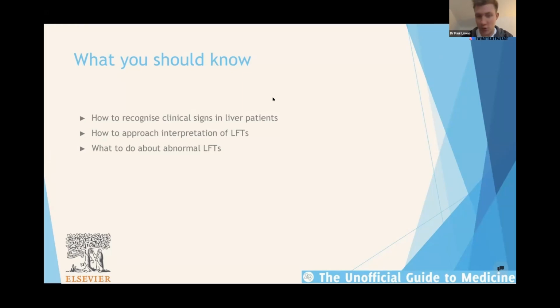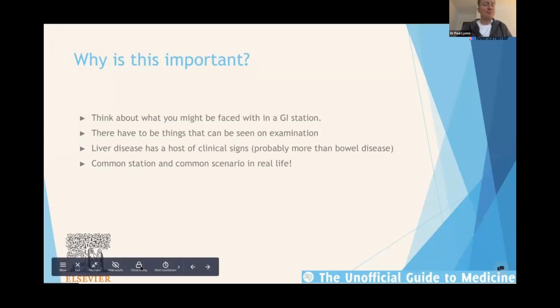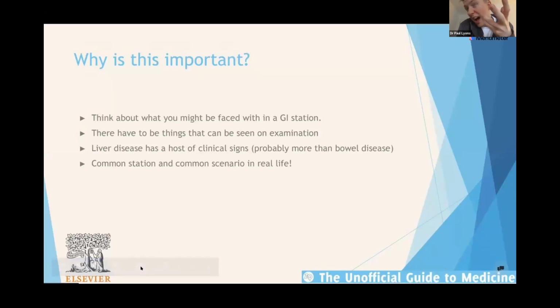Right, here we go. So why is this important? Liver stations are very common, both in real life and in OSCEs. For that reason, you need to know a bit about it anyway. And the thing about the liver is it gives you lots of clinical signs. When people are thinking about what to do as an OSCE station, they want something that can actually be seen and tested.